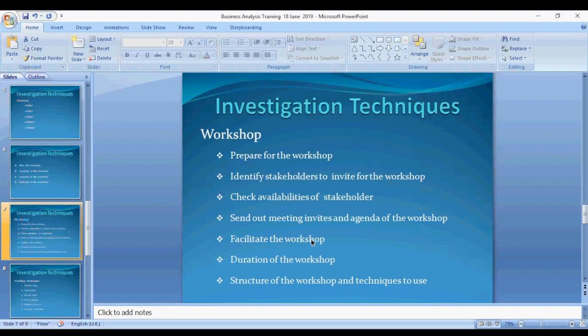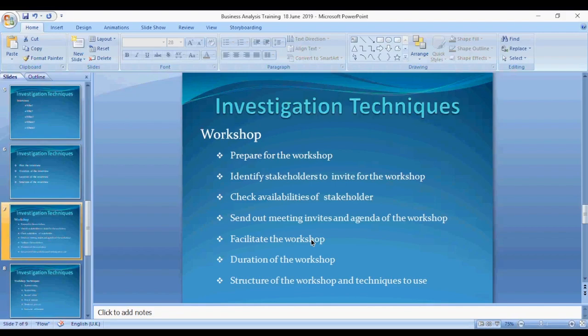And the duration of the workshop, definitely the workshop could be more than 1 hour. But if it's going to be more than 90 minutes, it's always advisable that you let them have a break. For example, if the workshop is going to take 3 or 4 hours, you want them to have a break after the first 90 minutes, like a tea break, maybe 30 minutes or 20 minutes, depending on the agenda of the day.